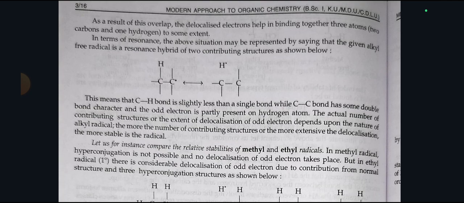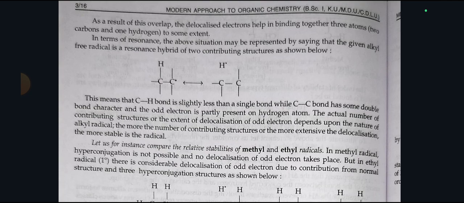As a result of this overlap, the delocalized electrons help in binding together three atoms, two carbon and one hydrogen, to some extent. In terms of resonance, the above situation may be represented by saying that the given alkyl free radical is a resonance hybrid of two contributing structures as shown below.